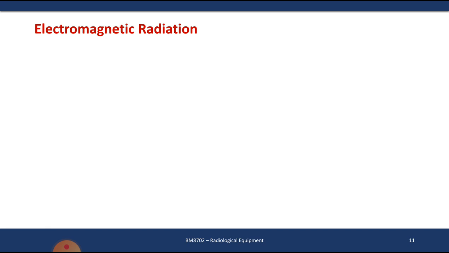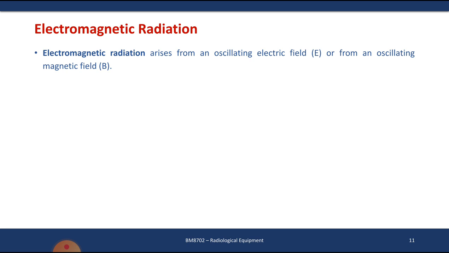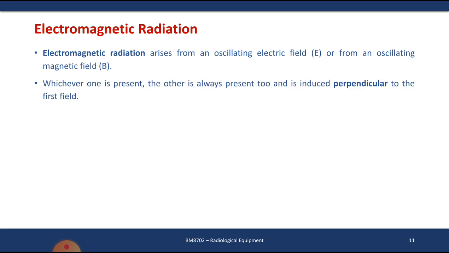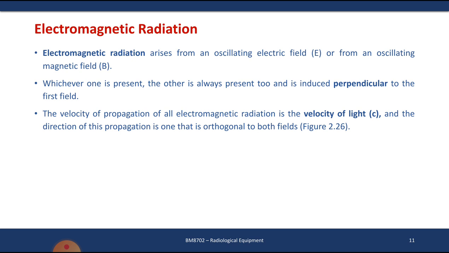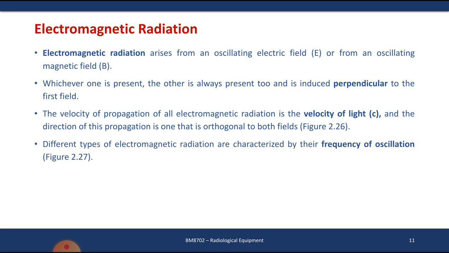Next thing is electromagnetic radiation. So what is electromagnetic radiation? It arises from an oscillating electric field or from an oscillating magnetic field. Whichever is present, the other will always be in a perpendicular direction. The velocity will always be the velocity of light. And different types of electromagnetic radiation are characterized by their frequency of oscillation.